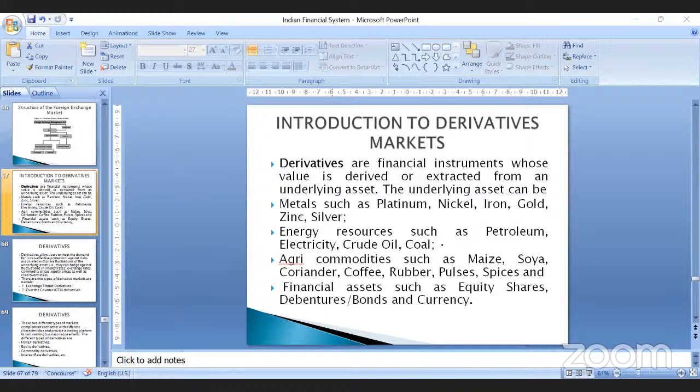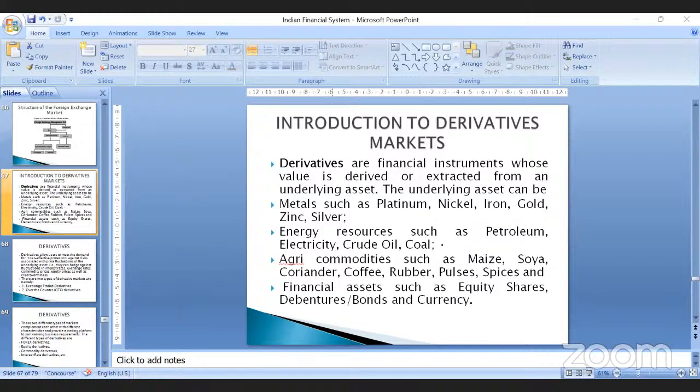So, whenever you are talking about a derivatives market, the contract and the underlying asset play a very important role in determining the value of the contract. You can deal with any of these metals, resources, agricultural products and financial assets as underlying assets in order to derive the value of the contract.